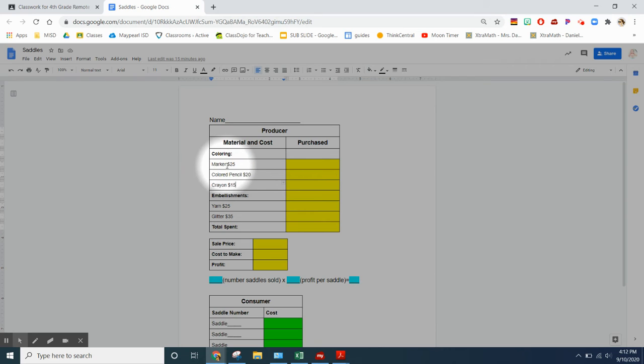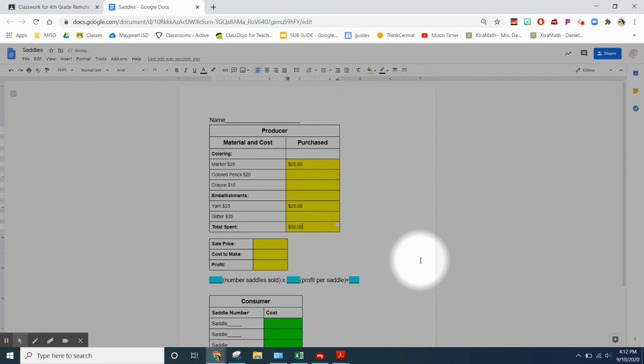So if you decided to use markers, you'd come over here and type $25, which means you have to do yarn. So $25 for yarn. Then down here, you're going to write the total amount spent on your materials.